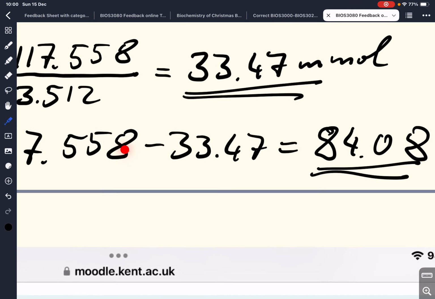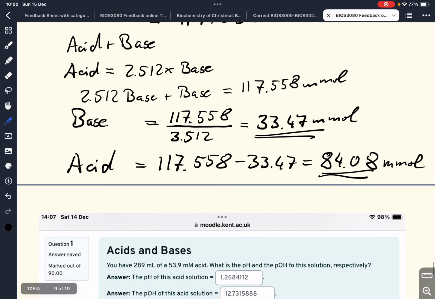We can factor out the base. So we would have 2.512 plus 1 times base.